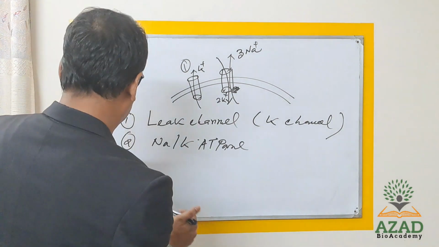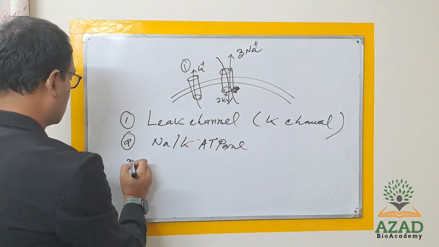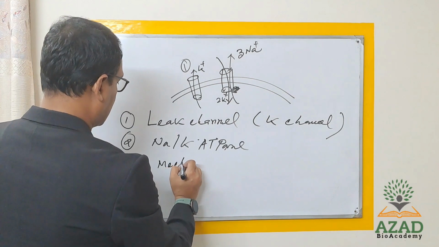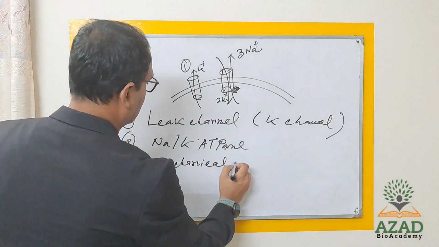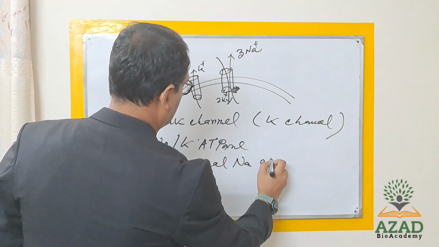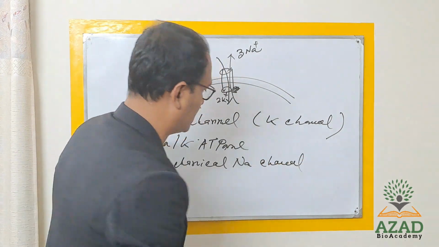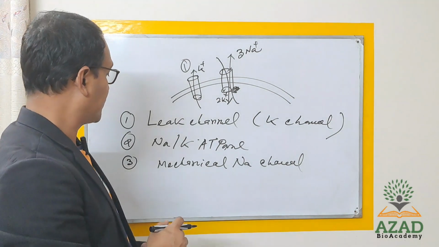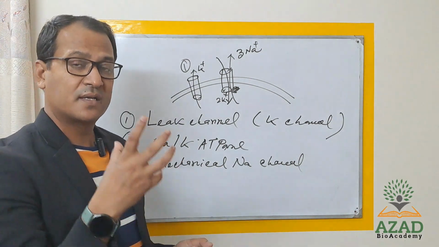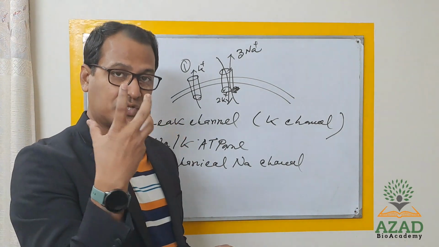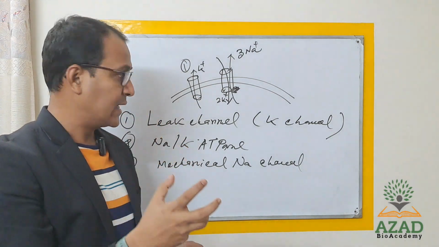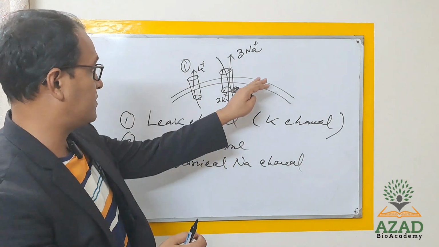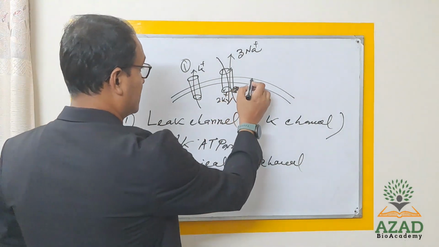The third one you can consider a mechanical sodium channel. What does mechanical sodium channel mean? It is very sensitive to a mechanical force, such as touch or pressure. This sodium channel is present on the surface of the membrane of the nerve cell.